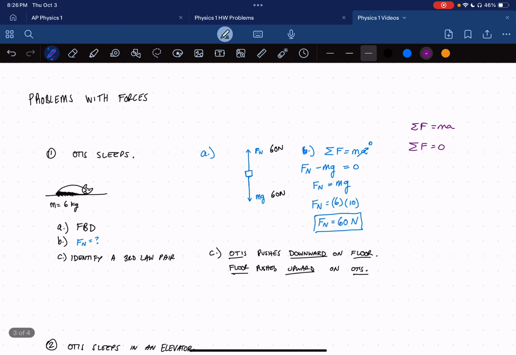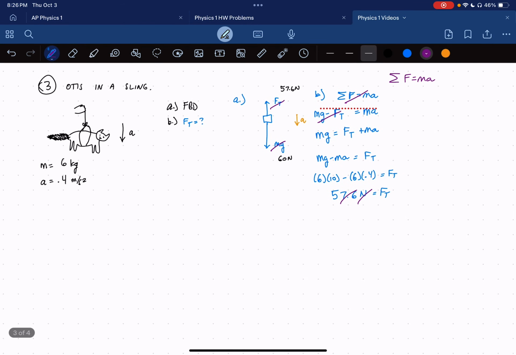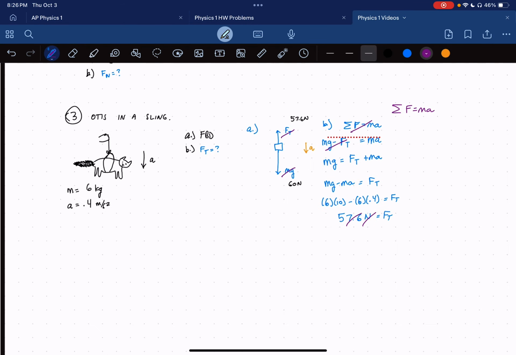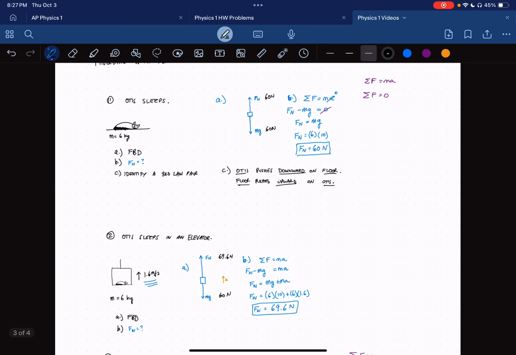In the case that the acceleration is 0, we would get a point for that as well. Okay, so 1, 2, 3, 4, 5, 6. About 6 or 7 points, something like that. Oh, and for this type of question, you would get a point for the third law pair of forces.